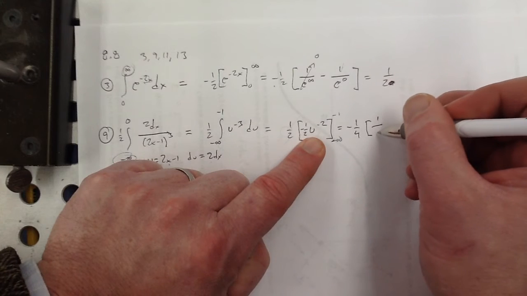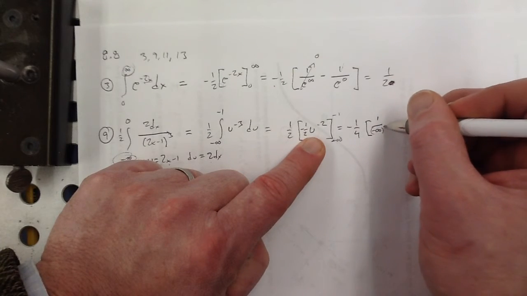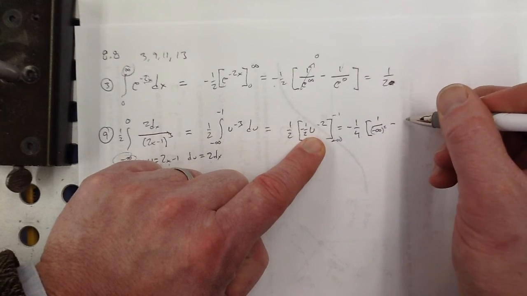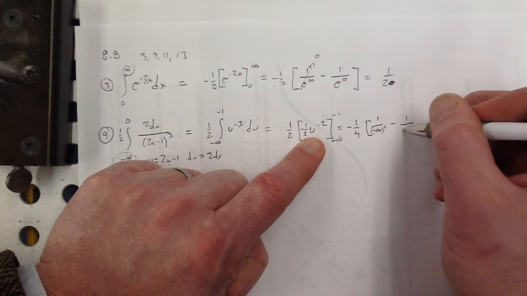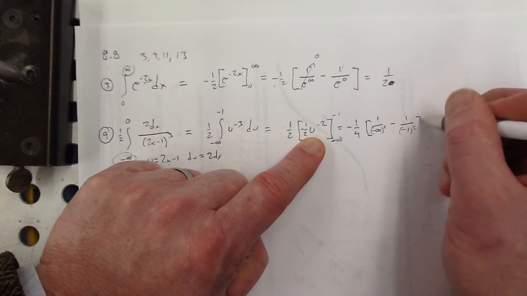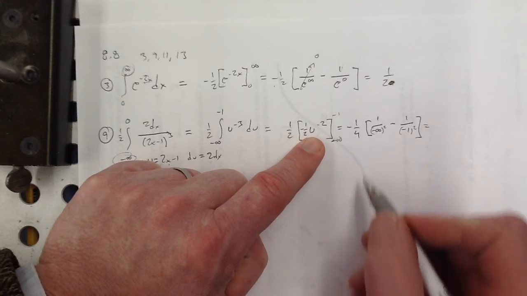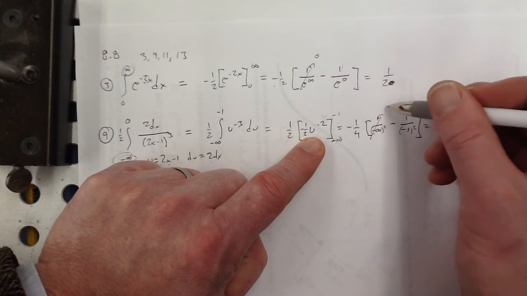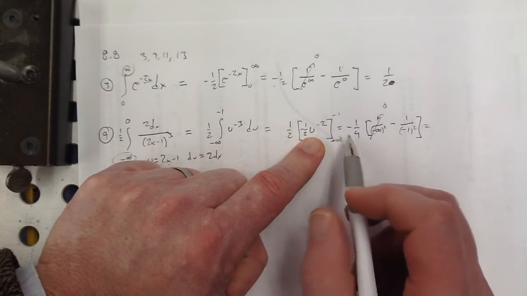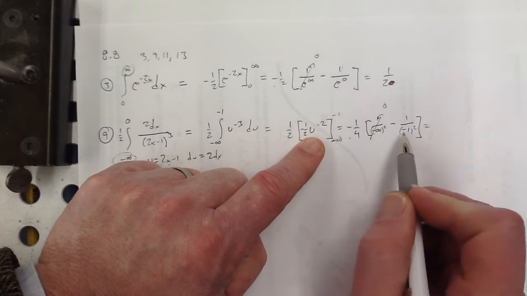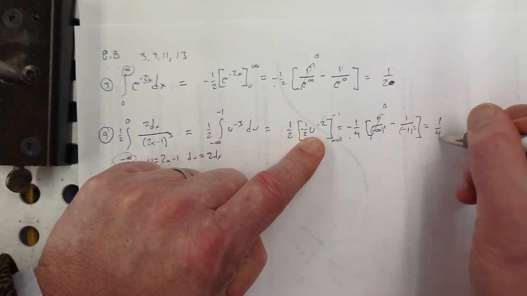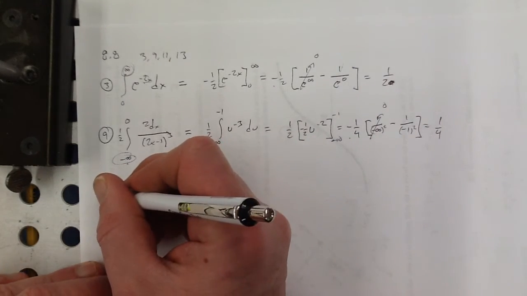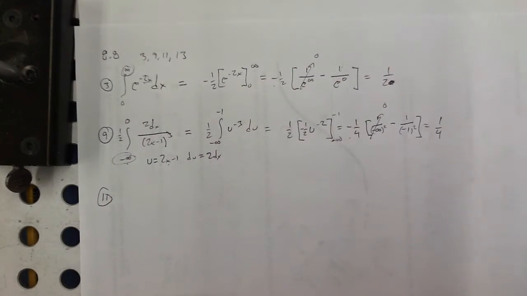So 1 over negative infinity squared minus 1 over negative 1 squared. So that does indeed go to 0, so we're going to get an answer. Negative 1/4 times negative 1 is 1/4. And just check that. Yep, we're good.